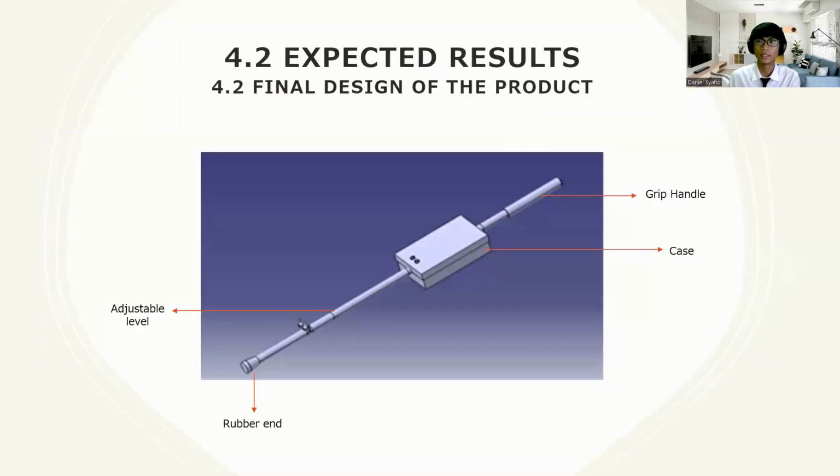So for the expected result, first is the final design of the product. So design 3 has been chosen for my product, which has a great handle. Second, a case to put the Arduino and other component parts, sensors. Third is the adjustable level, and lastly is a rubber at the end of the stick.